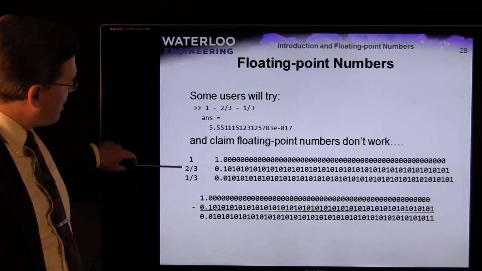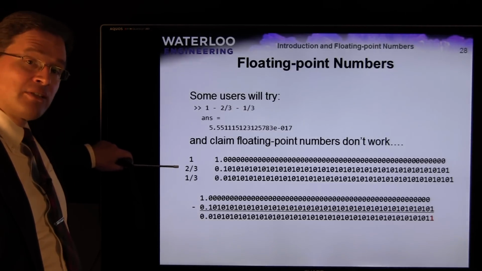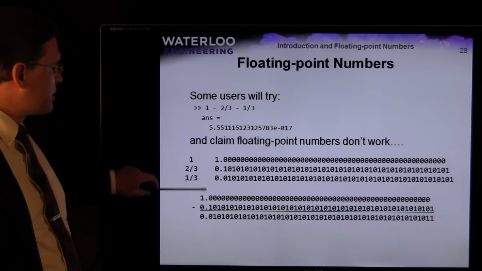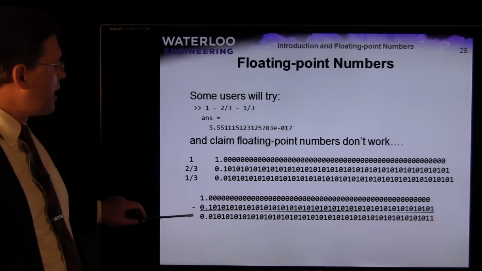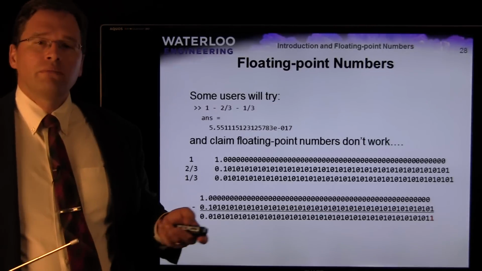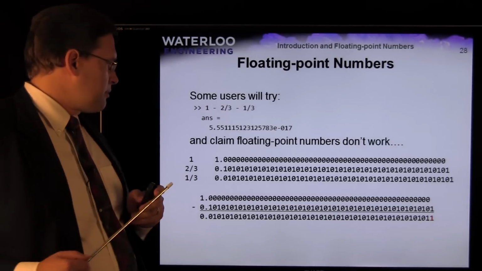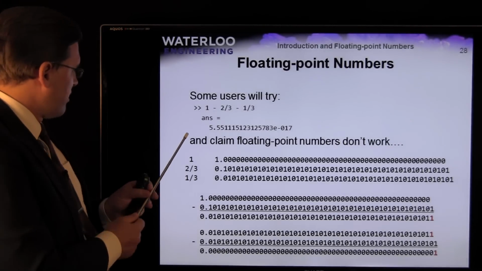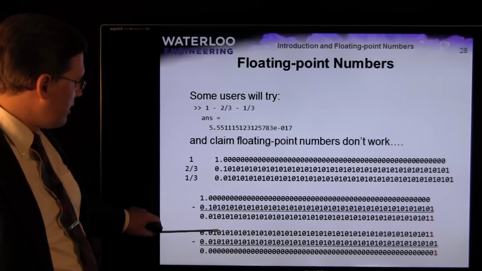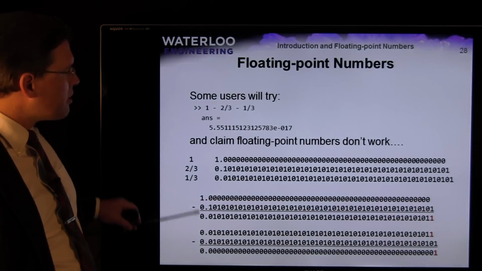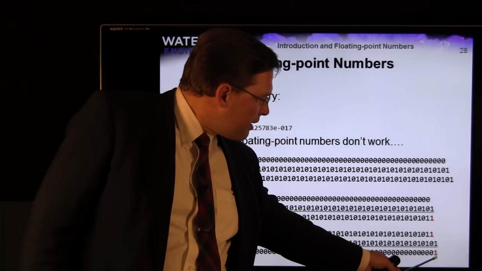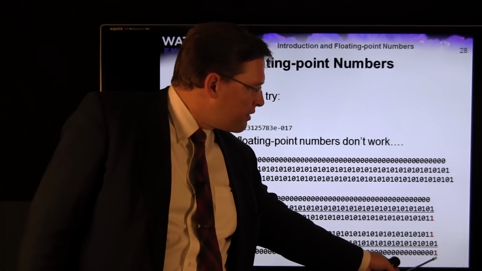Because we had an error introduced when we represented 2/3 by a finite binary representation, and that introduced an error into our subtraction. Next, if we take this result and subtract off that 1/3, notice the last two digits don't line up, and therefore there's that errant 1 there.